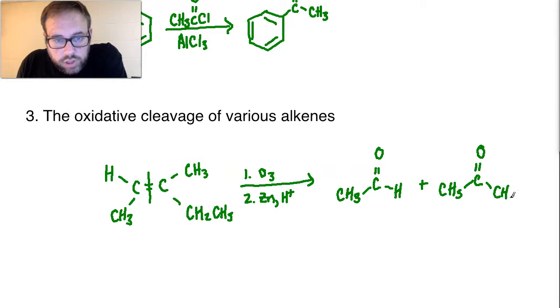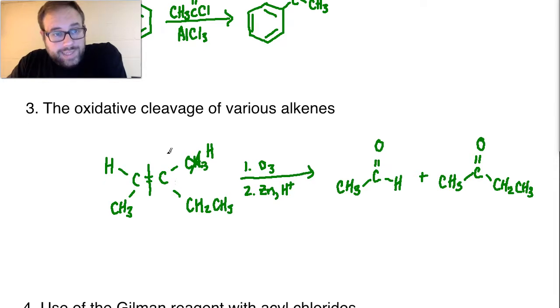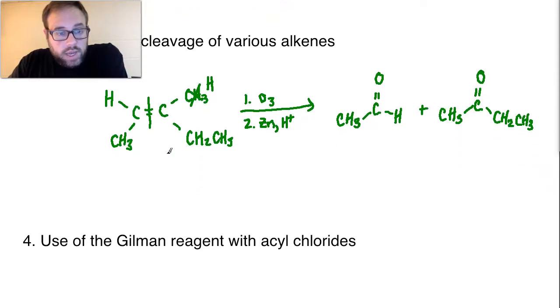Depending on the structure of the alkene itself, you may get 2 ketones, you may get 2 aldehydes and no ketones, right? So if this were to be an H instead of a CH3, then you would be talking about this having 2 different aldehydes as the products, but no ketones. Okay? So oxidative cleavage of alkenes is a viable way to create ketones.